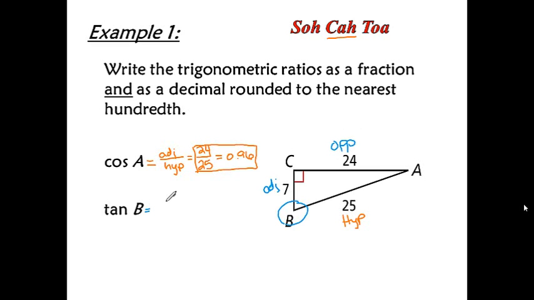So the tangent of B is going to be the opposite leg over the length of the adjacent leg. It's TOA. So my opposite is 24. My adjacent is 7. If I divide that, I get that the ratio is equal to 3.43.